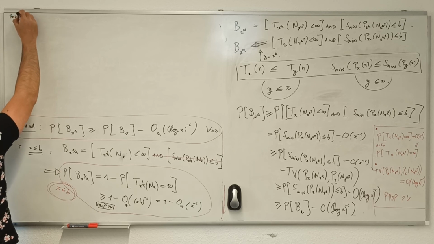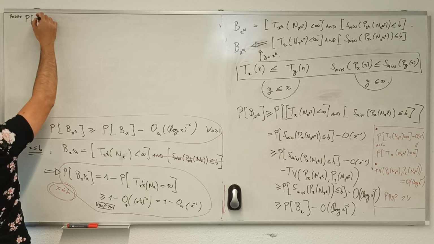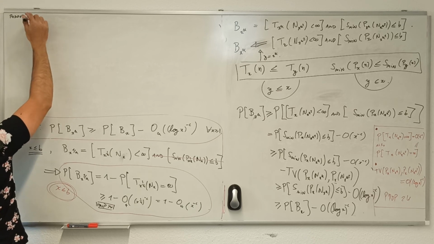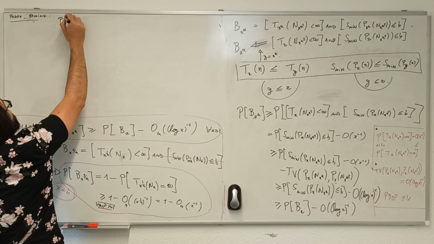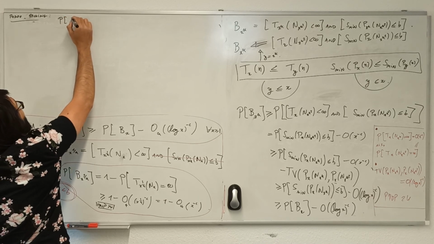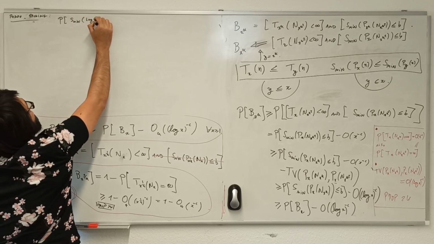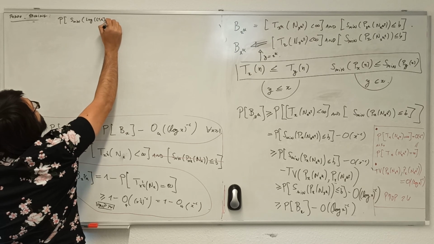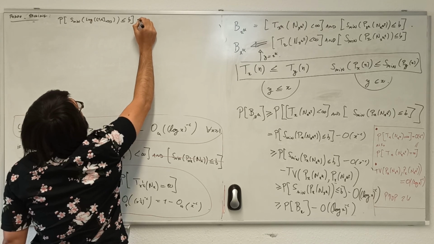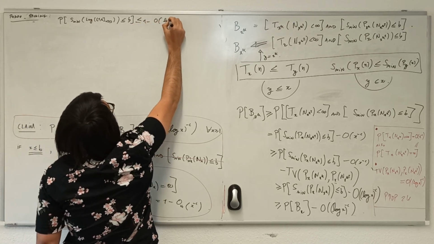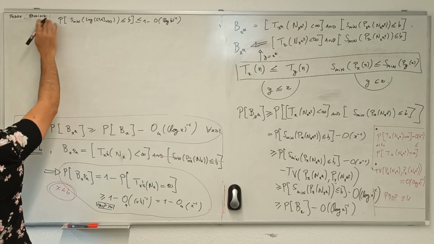So we reduce, computing bounded this from below, to proving, just recapitulating, the probability of S min of log of 1x odd less or equal than b, this being less or equal to 1 minus O of log of b to the minus c.